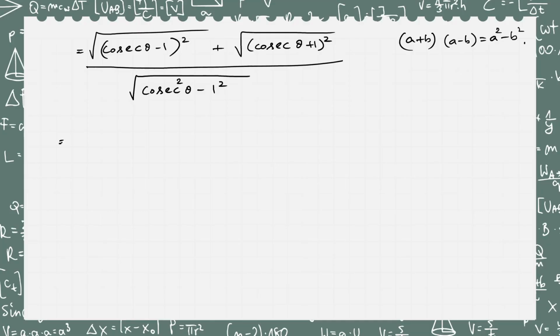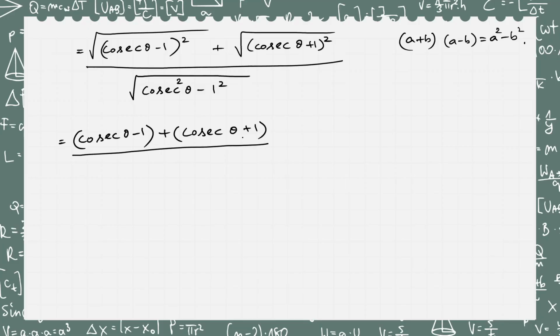Okay, now let us simplify further. Square and square root will always cancel each other, right? So the first value, cosecant theta minus 1, will get released from the square root. The same way the next value, cosecant theta plus 1, also will get released from the square root, and in the denominator we have root of cosecant square theta minus 1, because 1 square is 1.